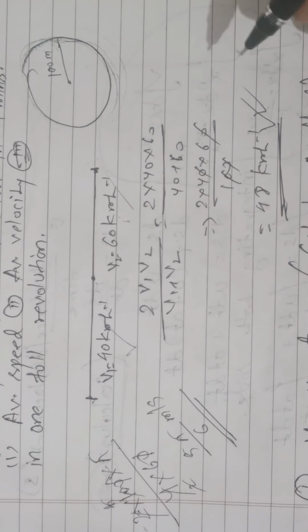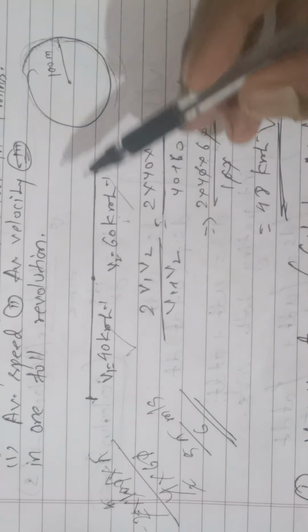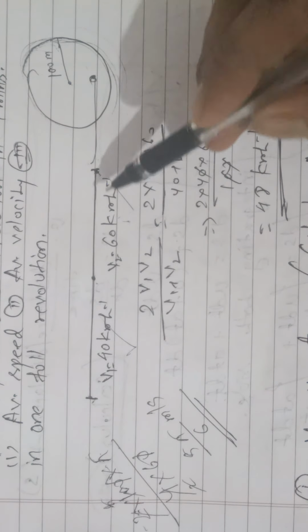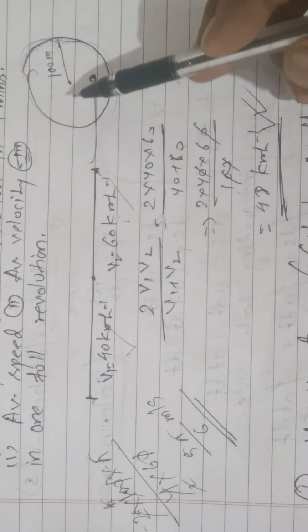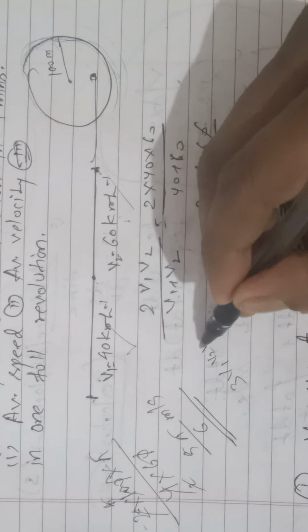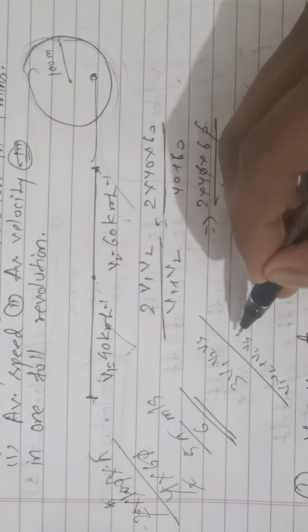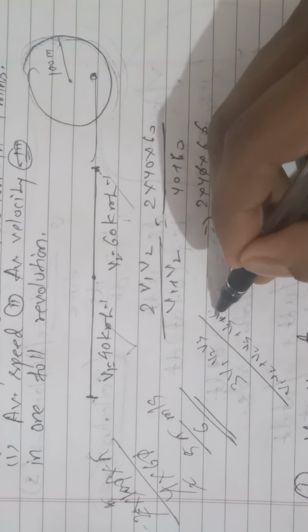So this is a very much shortcut method compared to that traditional long method. But we cannot do this in all kinds of cases. We can do this in those cases only where the distance is the same. Suppose it is divided into 3 equal parts, all having the same distances, then the formula is different, which is 3v1v2v3 by v1v2 plus v2v3 plus v3v1.